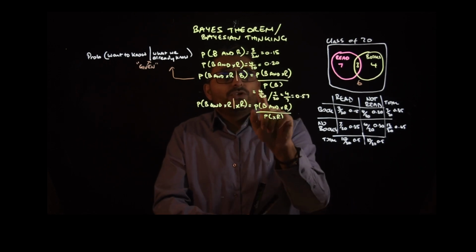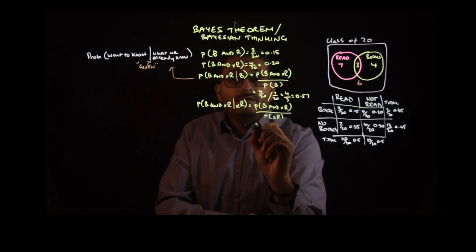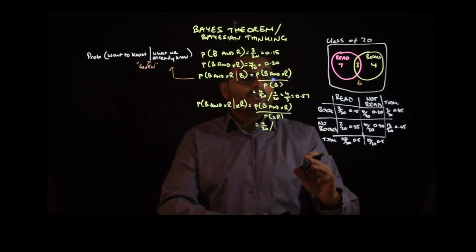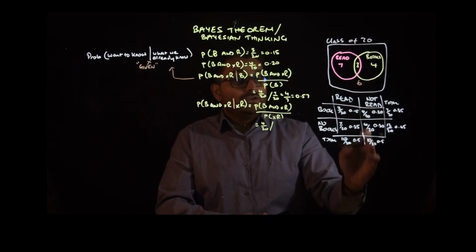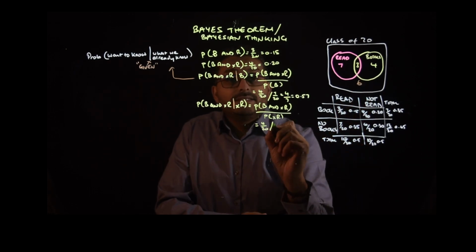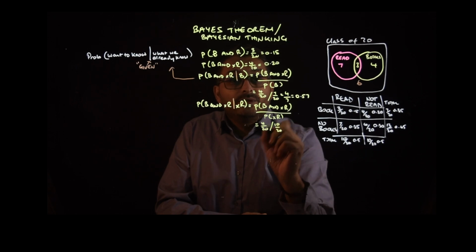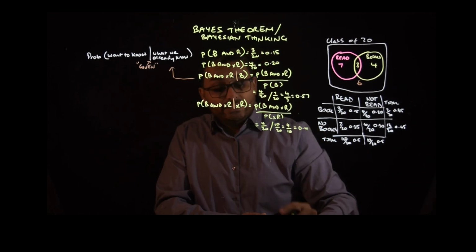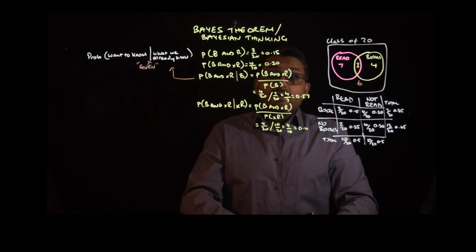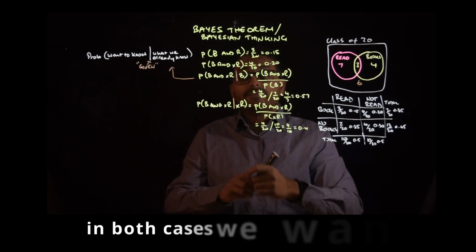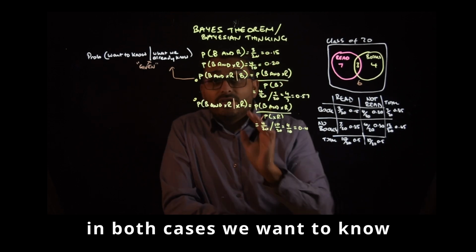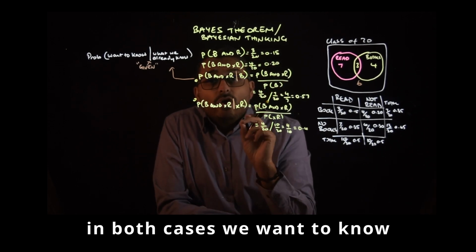The top portion is 4/20, but here the bottom portion, they do not like to read, is 10/20. We divide the two, we get 4/10, and so that is 0.4.